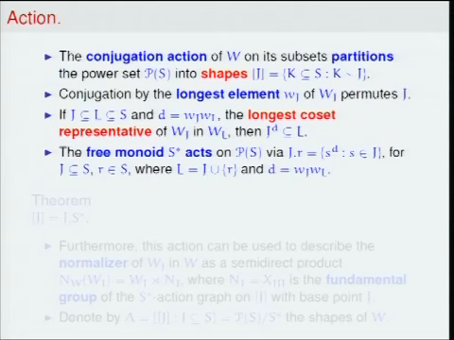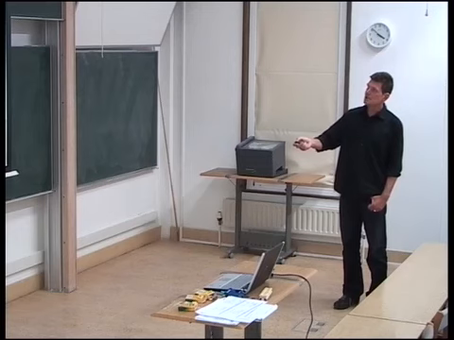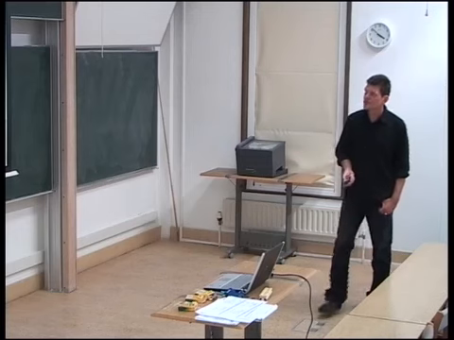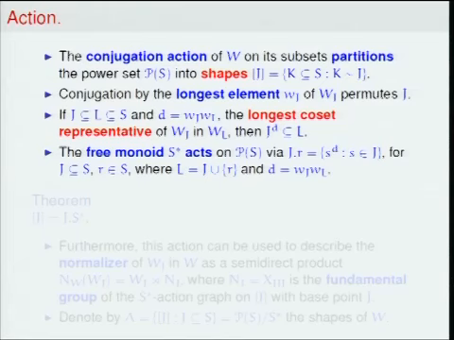I declare the image of a subset J under a generator R in S to be the set of all conjugates of S by D, where S is an element of J. D is such a longest coset representative, constructed as the product of Wj and Wl, where L is the subset J extended by this extra element R. That's the basic observation up here, applied to a situation where the L set has at most one more element than the J set.